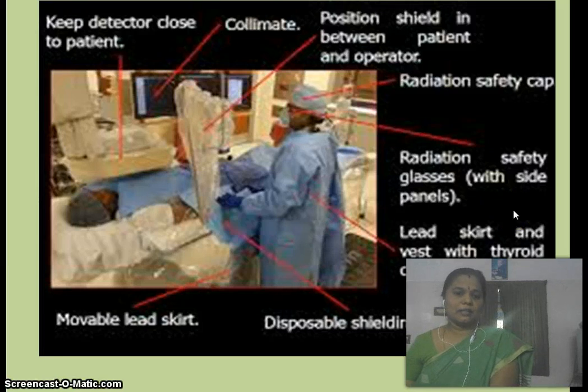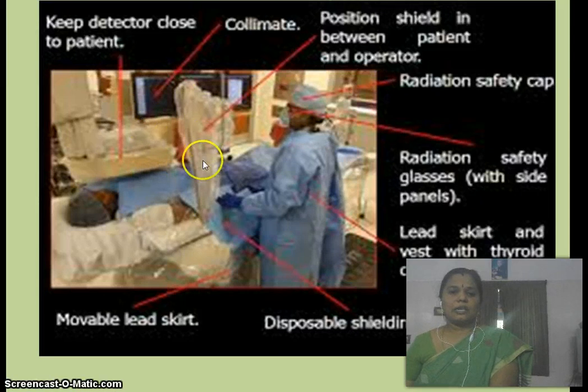the nuclear medicine clinic where nuclear medicine treatment is given to the patient. Here you can see the patient lying down, and above the patient there is a detector close to the patient to detect all the emerging gamma rays, and there is a collimator here.